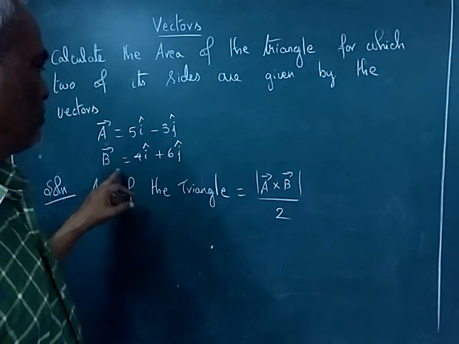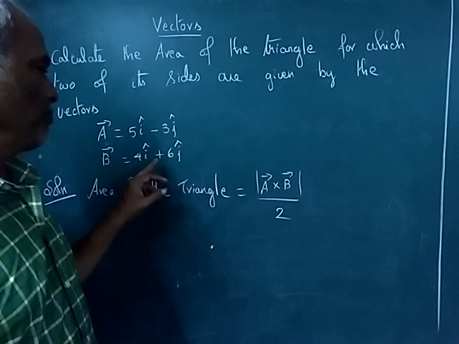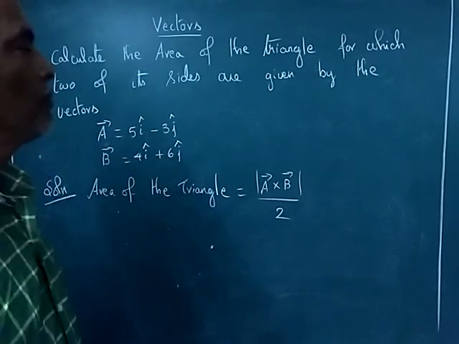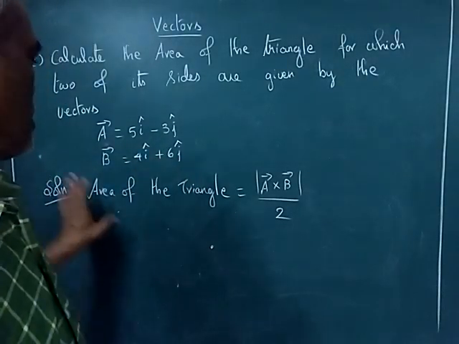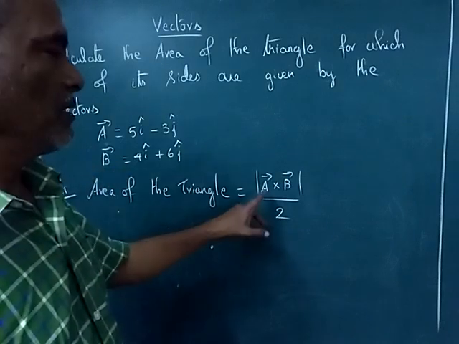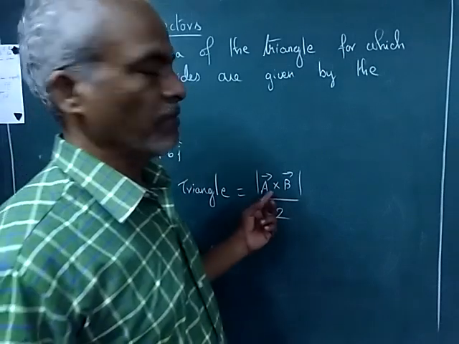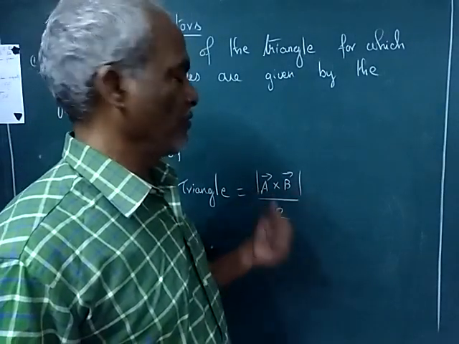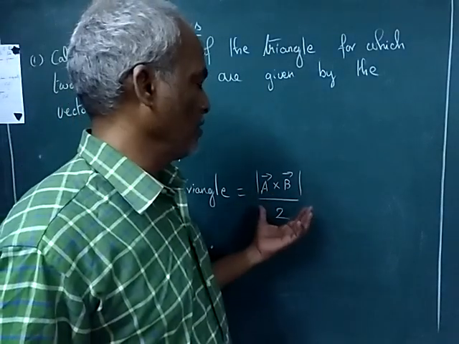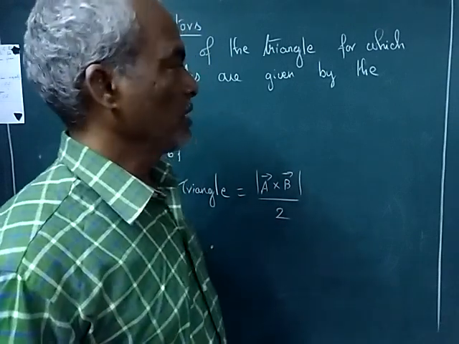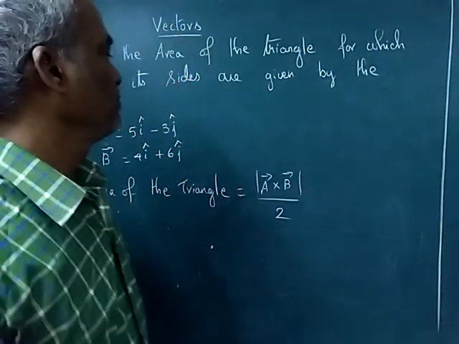B vector is equal to 4i cap plus 6j cap. So the solution is, area of the triangle is a vector cross product with b vector. This is cross product or vector product. Then we have to find the magnitude, that value divided by 2, that will give the area of the triangle.